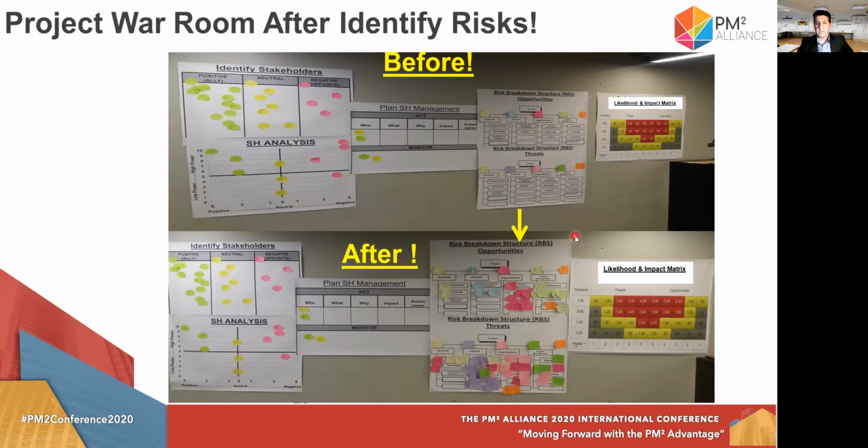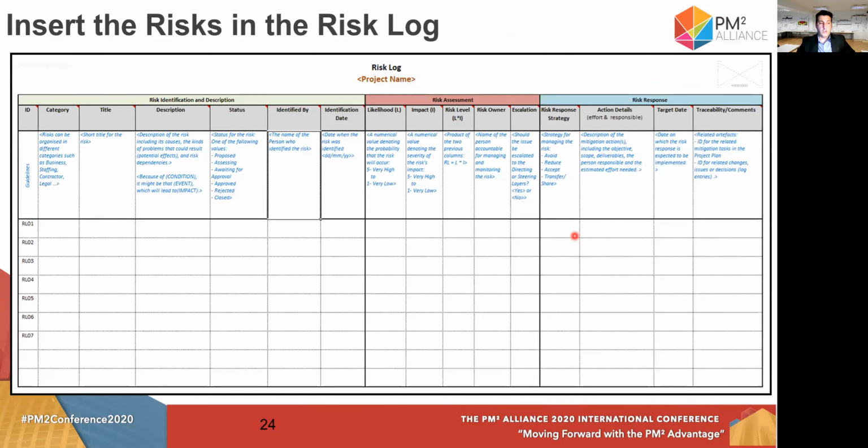Another best practice is the motto, quantity is quality during the identify risk process. We have to identify as many risks as possible. Of course, whatever we write on post-its, we have to log it also inside the risk log, the artifact.